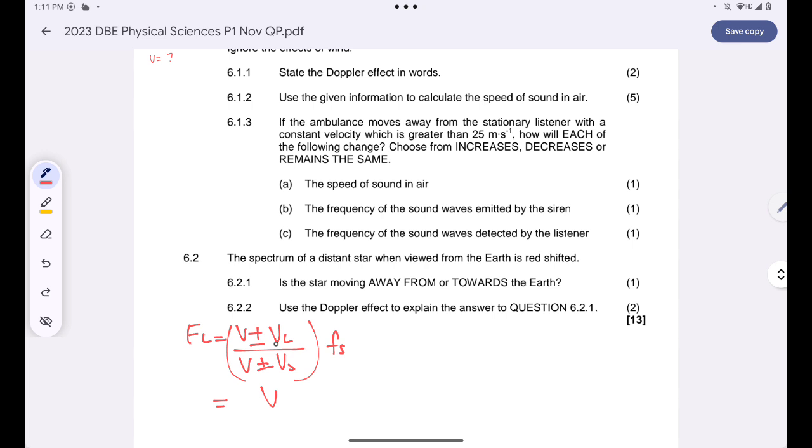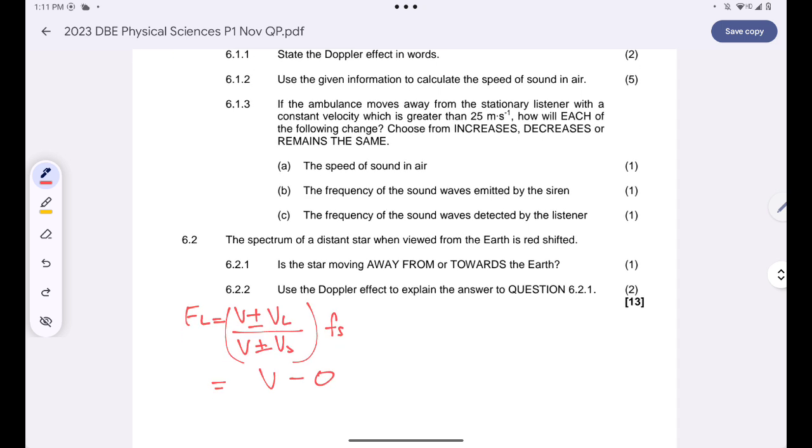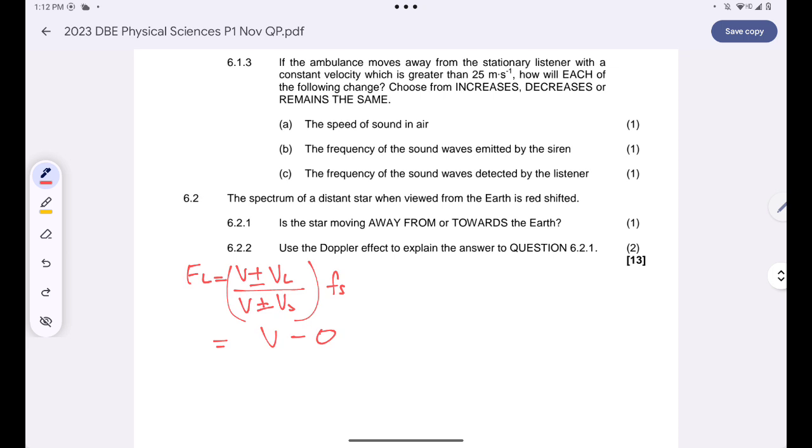Since my velocity of a listener is 0, I was supposed to say minus 0 here. But why am I choosing minus?